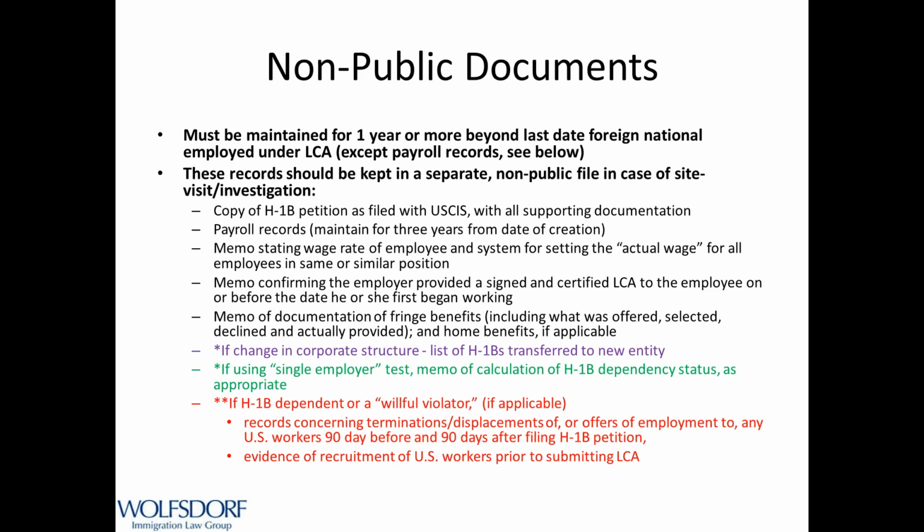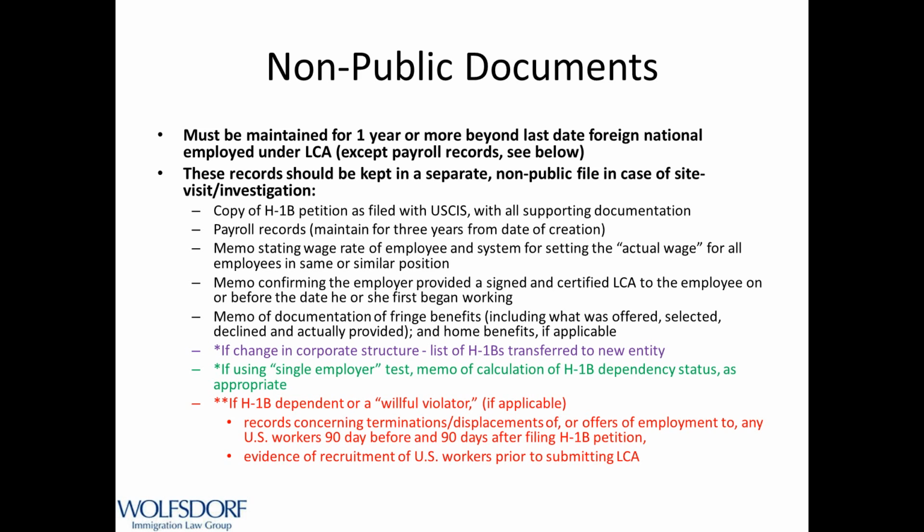As you can see, a lot of this is things that you maintain, which is similar to PERM, which Cliff will talk about in a moment, but these are things that you must maintain and produce in the event of an investigation, similar to the PERM, where you have to produce all these things in the event of an audit. But for H-1B purposes, as we've been seeing, there's been an increasing frequency of investigations, be they based in a complaint or not.